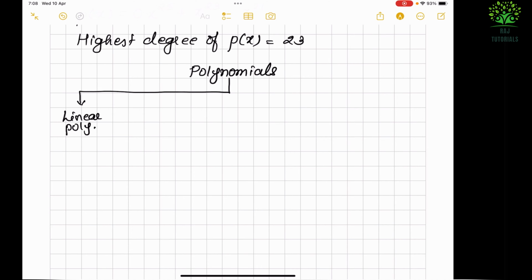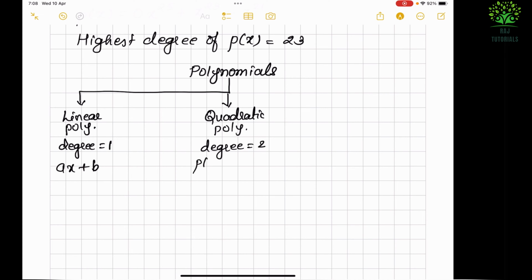Now here the highest degree will always be 1 and the general form is ax plus b.